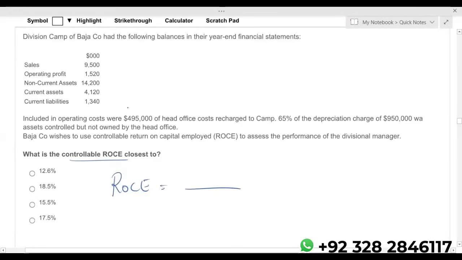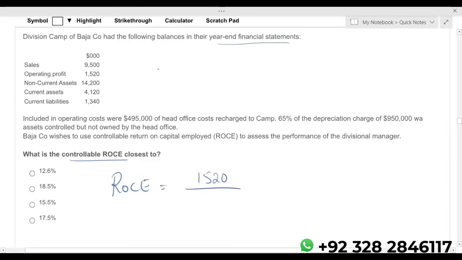Controllable ROCE. Okay. Division of Baja Company had the following balances in the year-end financial statements. We have got sales and operating profit of 1520. Non-current assets 14,200, current assets 4120, and current liabilities.